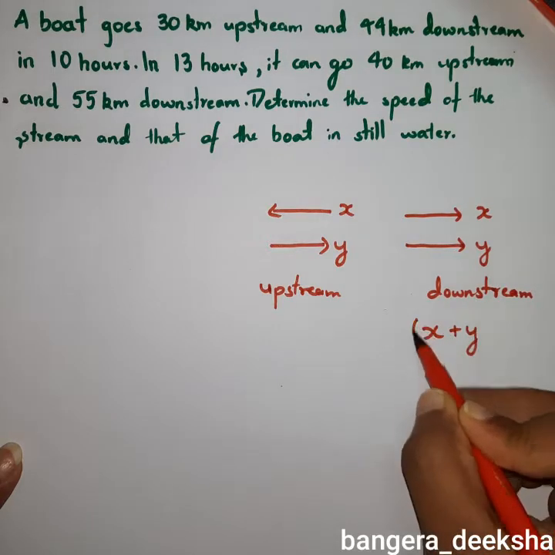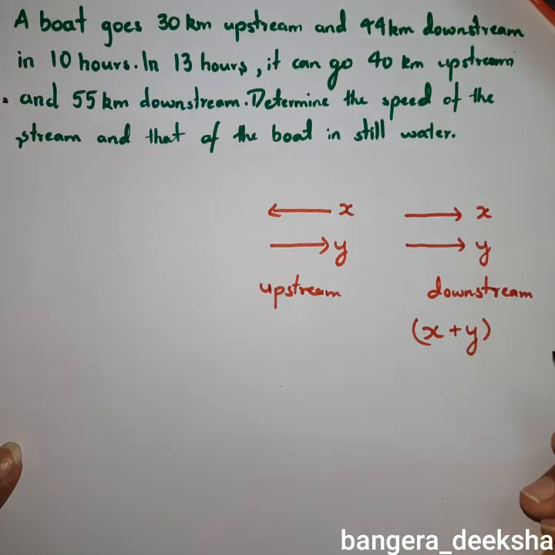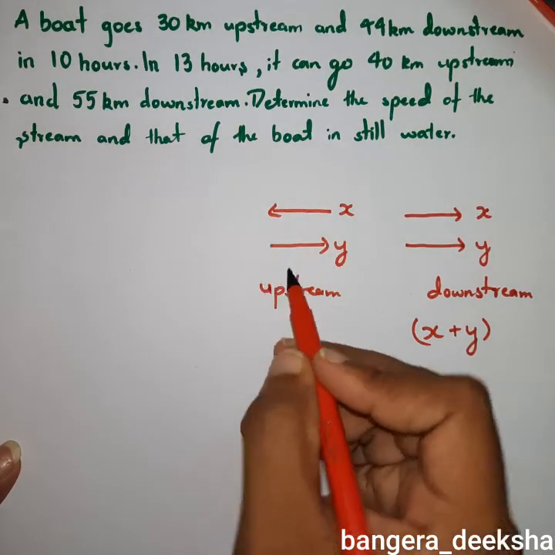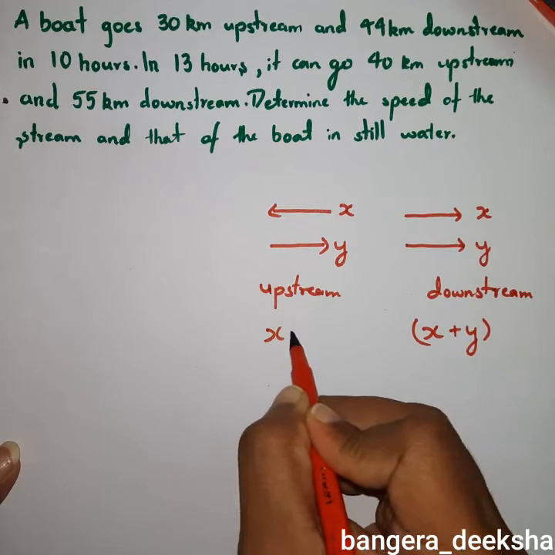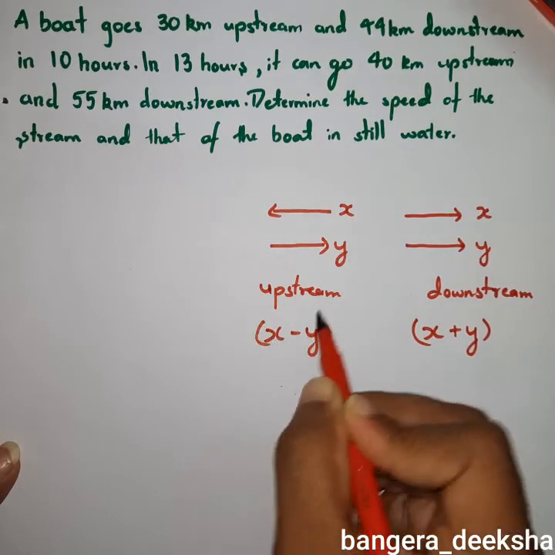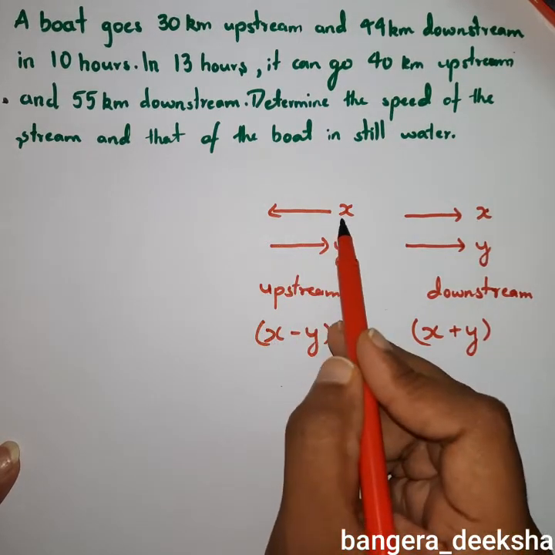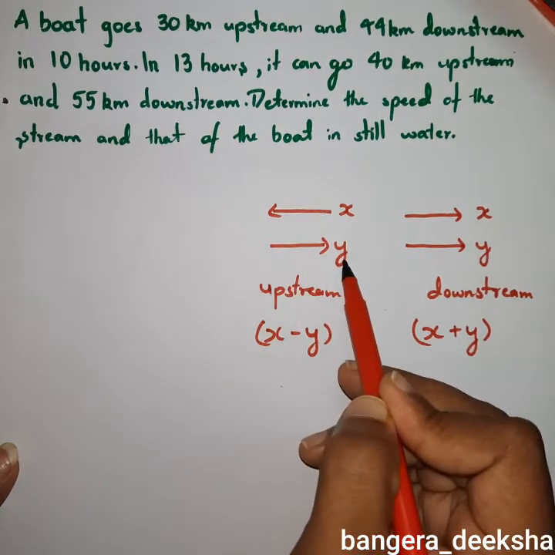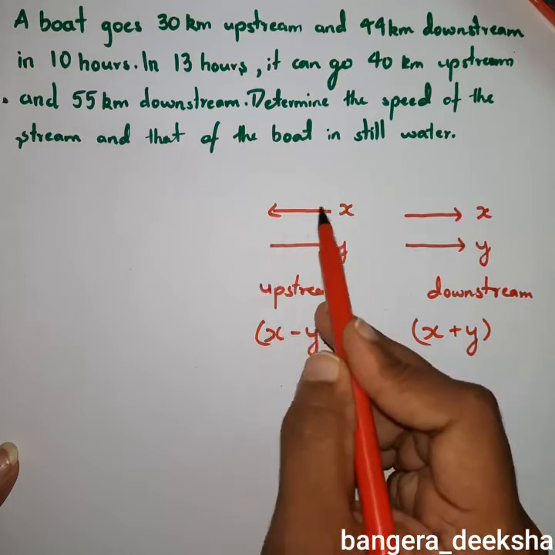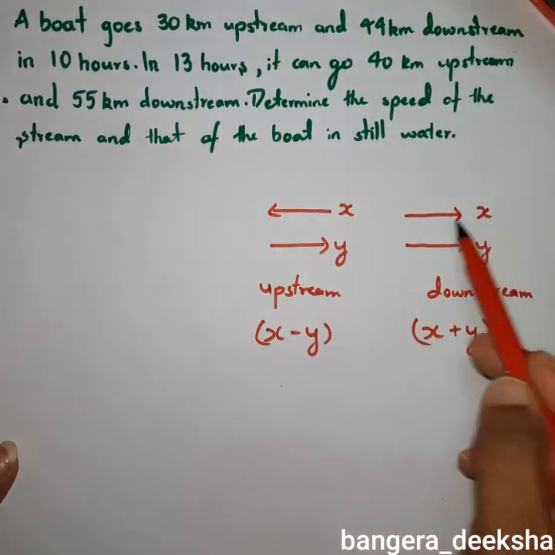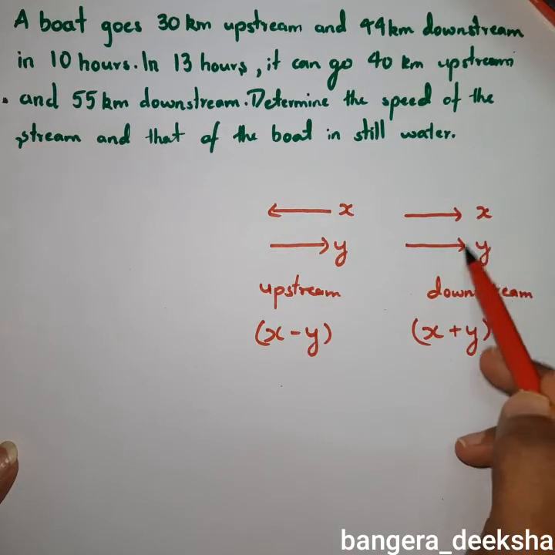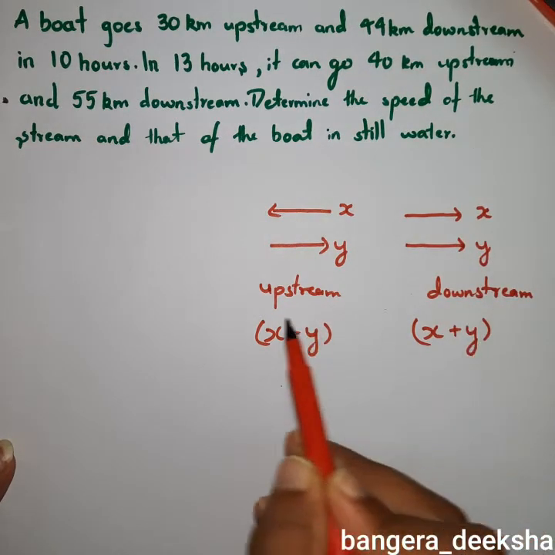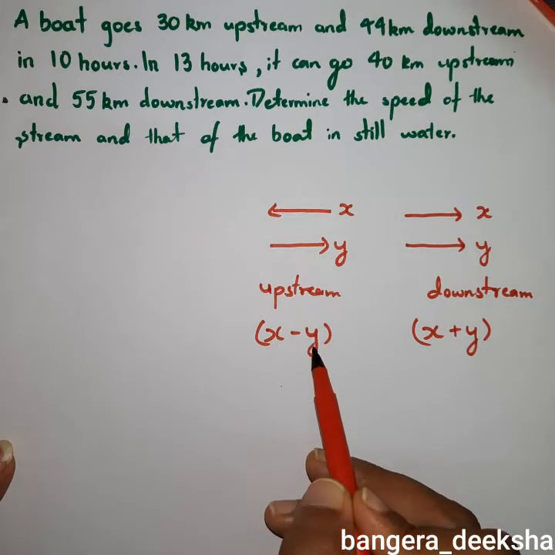Upstream, it's going in the opposite direction, so the speed of the boat is x minus y, because there's an opposite force here. When the boat goes in one direction, the stream is moving in the other direction, so the speed is cut down. Whereas in downstream, the speed of the boat gets added to the speed of the stream. That's how you get x plus y downstream, and x minus y upstream.